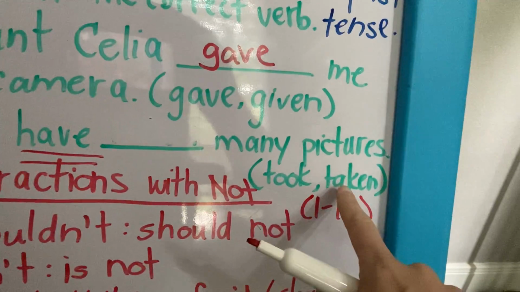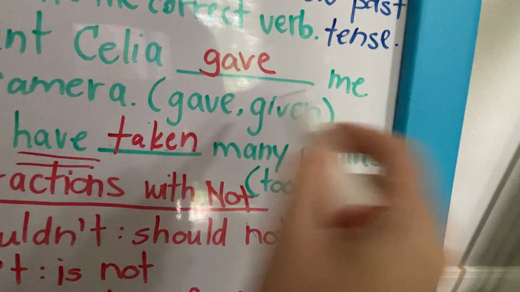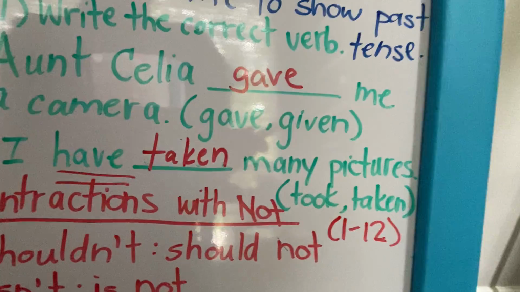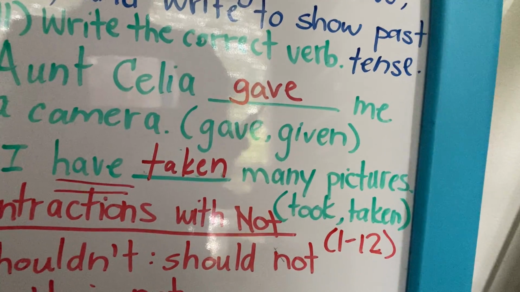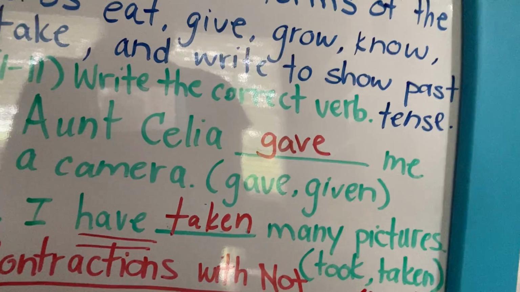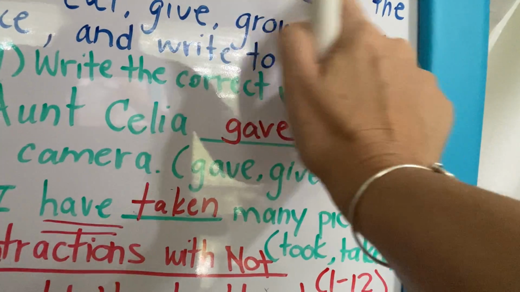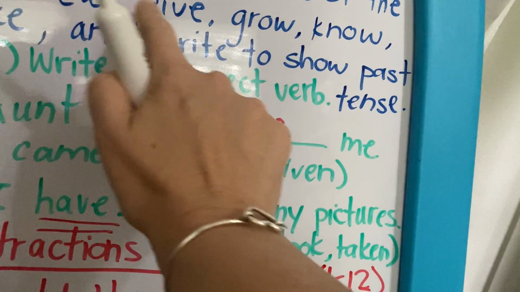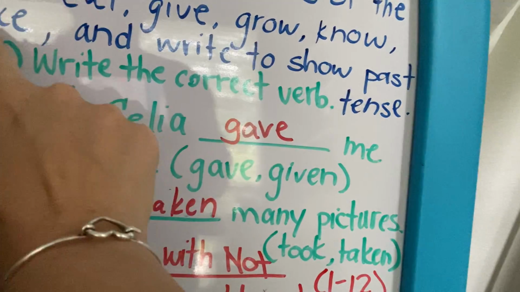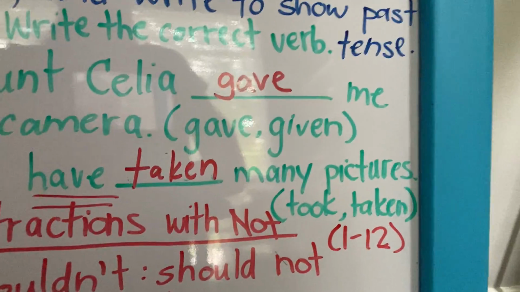So I have taken many pictures would make more sense. So this is what you guys are going to do for problems 1 through 11 on the front. Remember the special forms of the verbs eat, give, grow, know, take, and write to show your past tense verbs, okay?